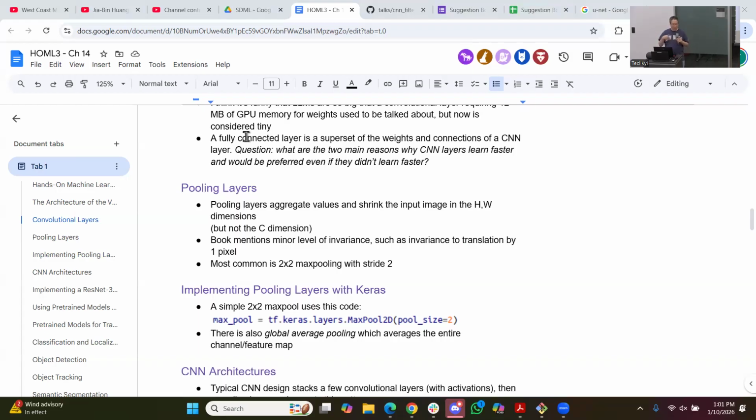So it's massively less. There are two really strong reasons why CNNs are preferred over fully connected networks.